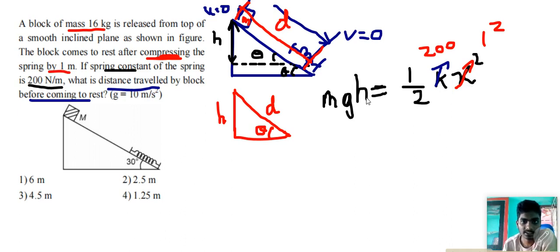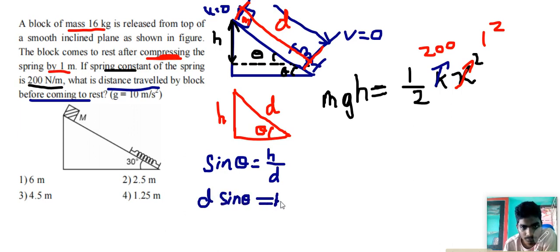Now h is the height, which can be taken from the right angle triangle: sine theta is equal to opposite by hypotenuse. Opposite is h and hypotenuse is d, the distance traveled. So in place of h we can write d sine theta.